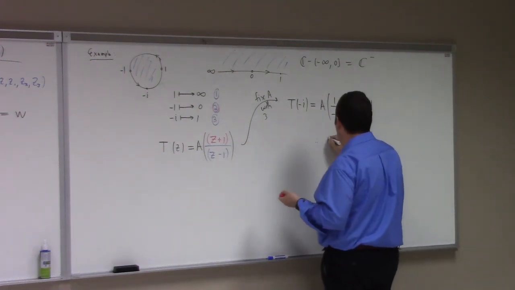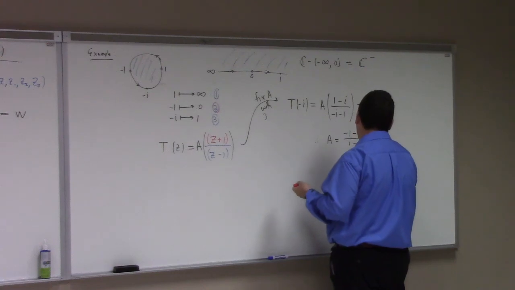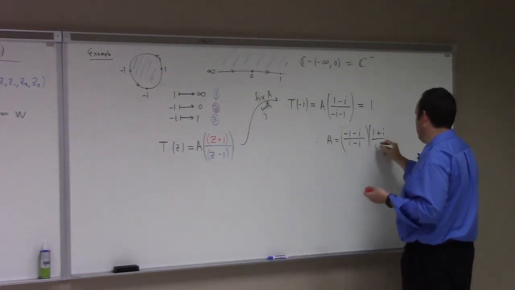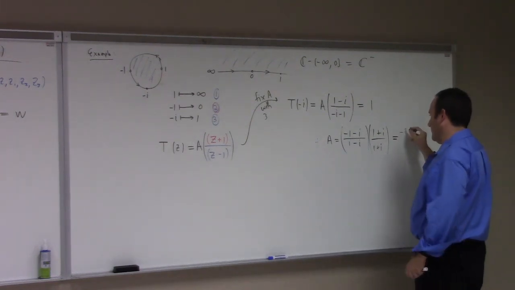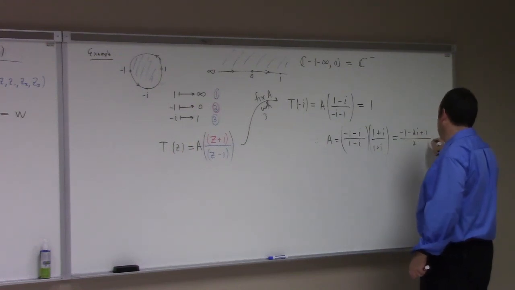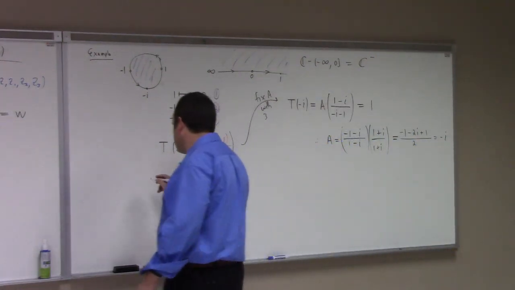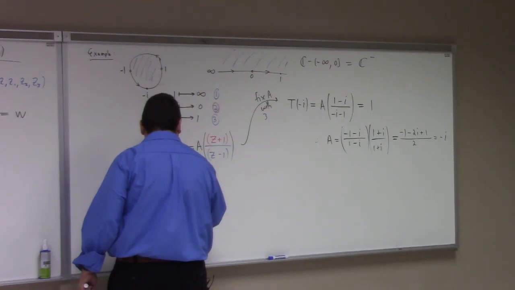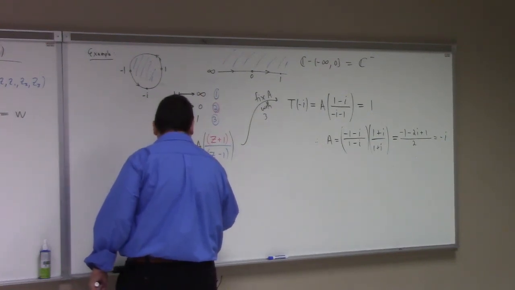So therefore, a is equal to minus 1 minus i over 1 minus i, which you can multiply by 1 plus i over 1 plus i, and that will give you minus 1 minus 2i plus 1, all divided by 2, also known as minus i. So in short, T of z is nothing more than minus i times z plus 1 over z minus 1.